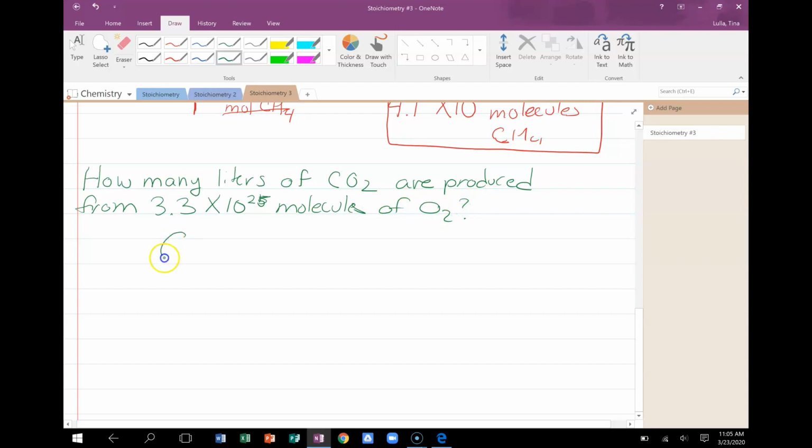Again, we're using that same equation we were using before. Oops, sorry, not CO2, that's CH4 plus O2 going to CO2 and H2O. And I believe when we balanced it, it looks like that. Okay, so go ahead and pause if you need to, so that you get a chance to try this problem.